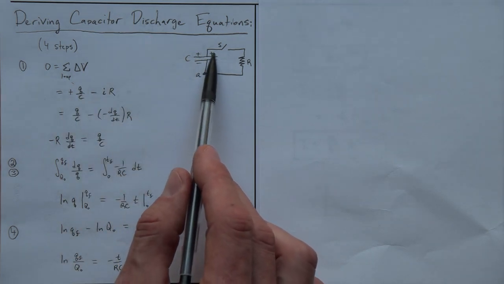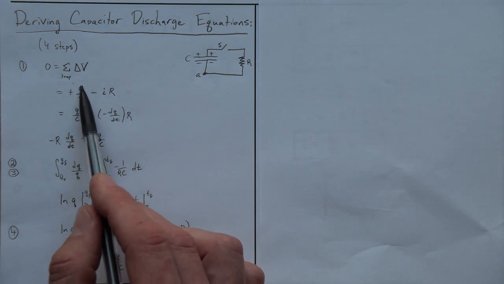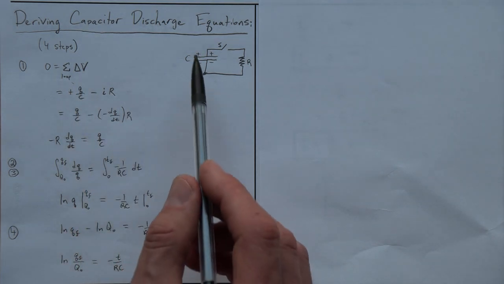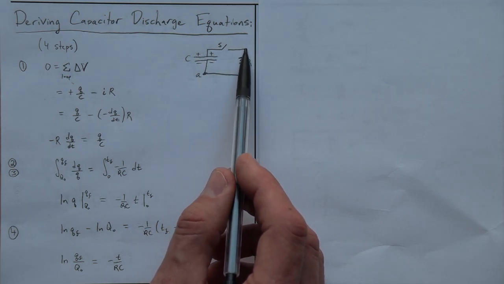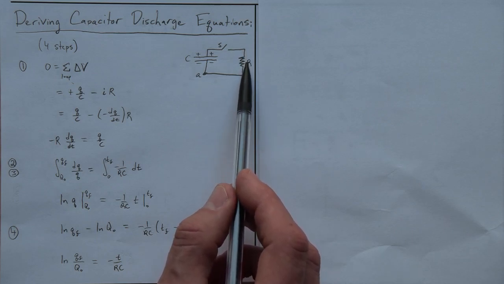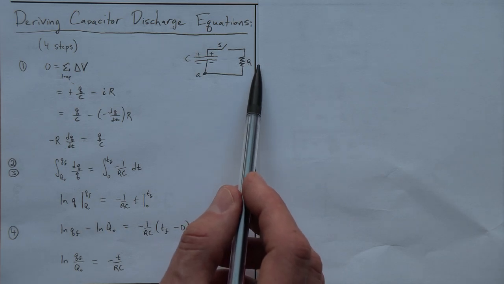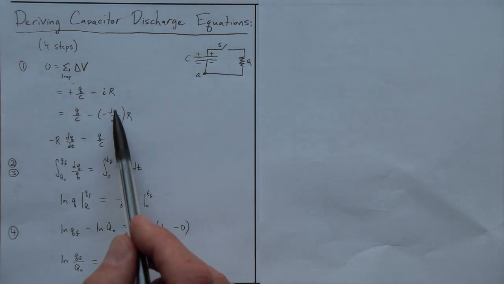Plus, what's the voltage of a capacitor? From C equals Q over V, you could solve for voltage and get Q over C. The ant keeps walking, encounters the resistor, walks through it in the direction of the current. It's like going downhill with a river, so the voltage is minus. How much voltage? Minus IR.